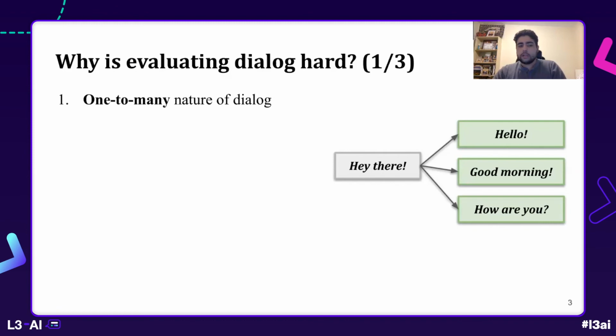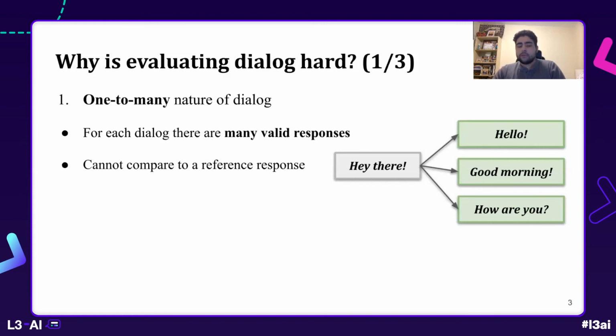First of all, dialogue has an inherent one-to-many nature. For each dialogue history, there are many valid responses. And what this ultimately means is that we can't compare to a reference response. The reference response isn't the only valid response, and you shouldn't unfairly penalize a system for generating a perfectly valid response that it just happens to be different from the reference response.